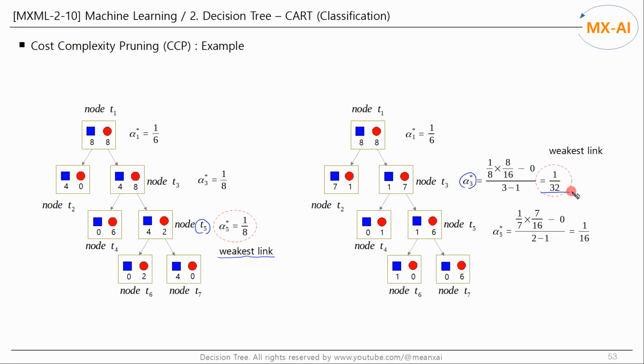So what makes the difference? It comes down to the misclassification rate at node T3. In the left tree, node T3 has an error rate of 4 out of 12, about 33.3%. In the right tree, it is 1 out of 8, about 12.5%.